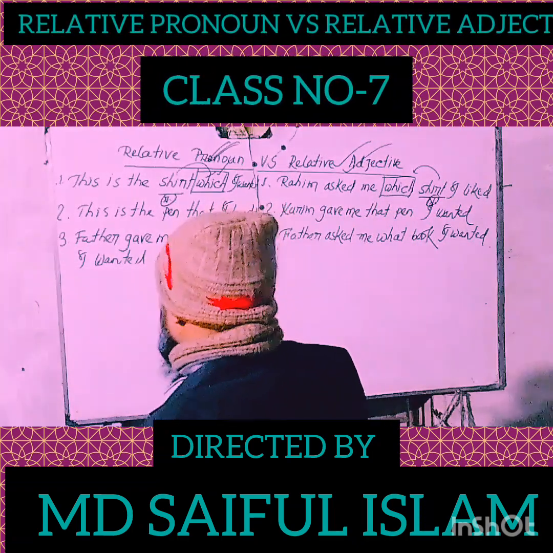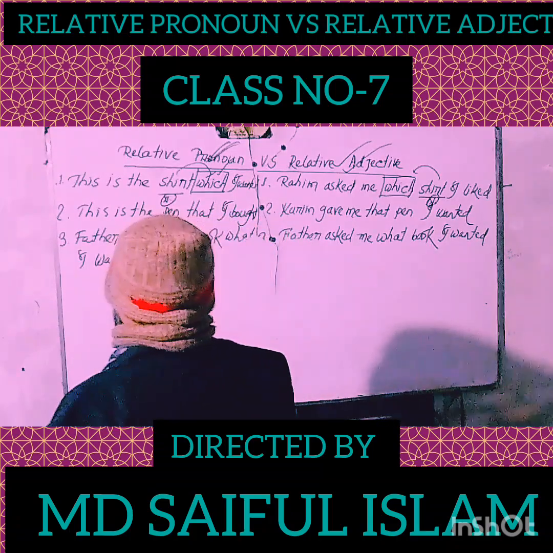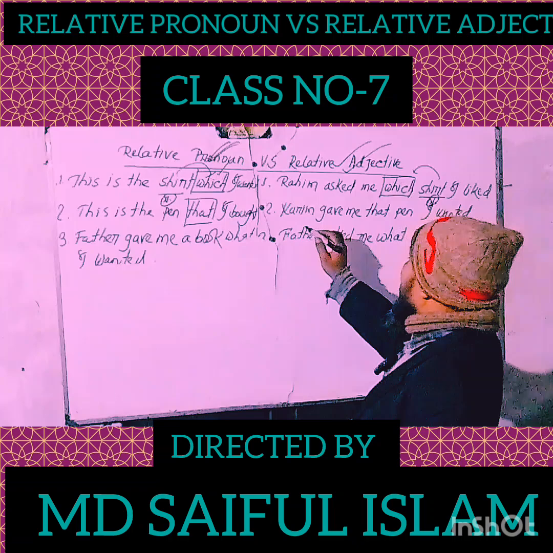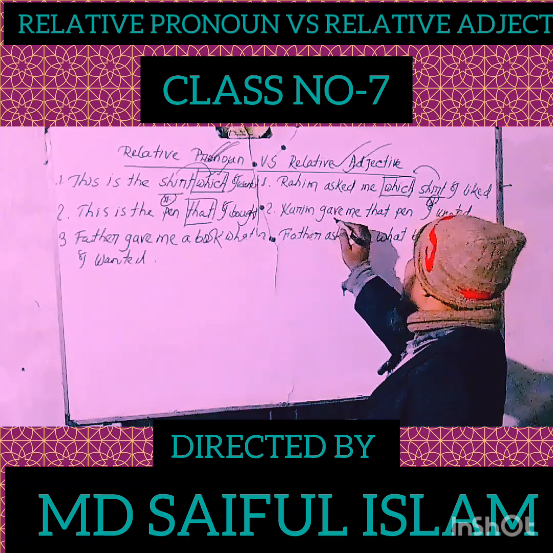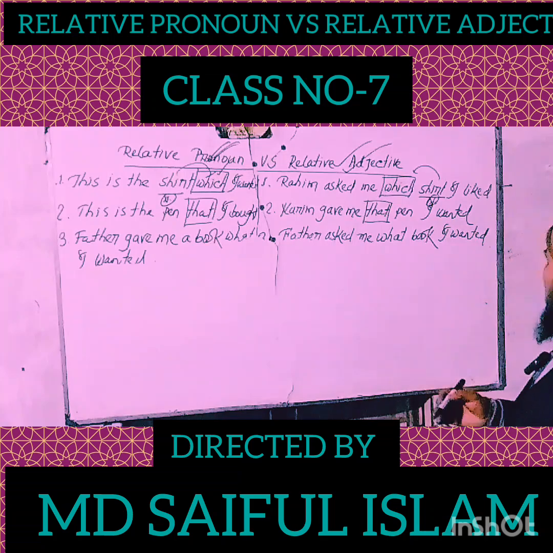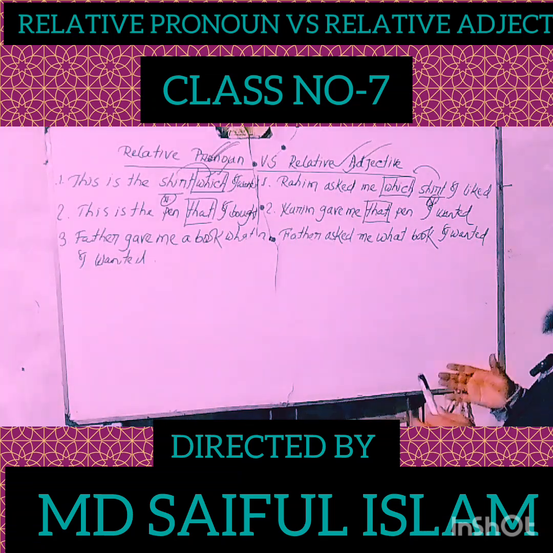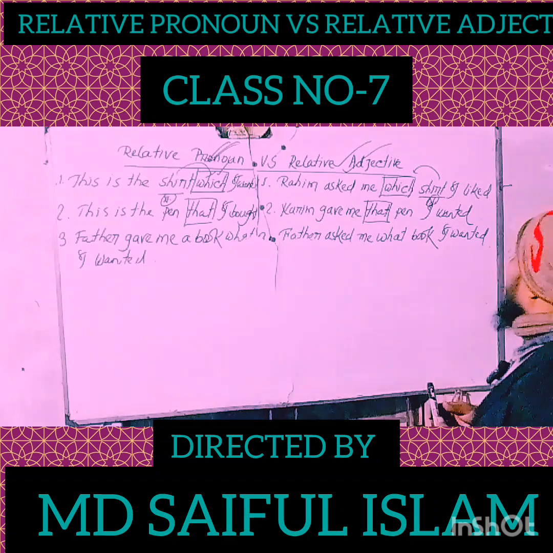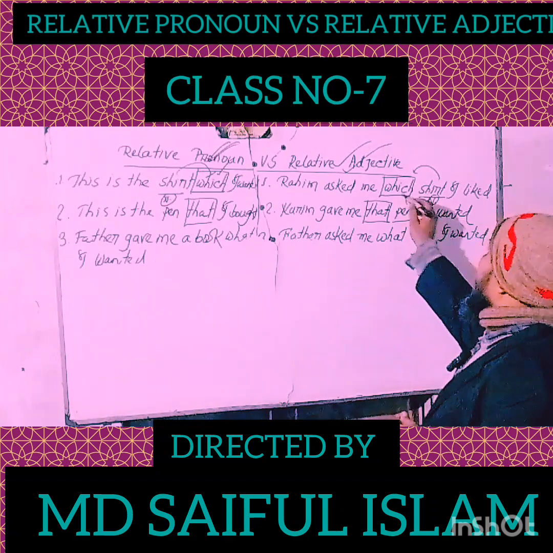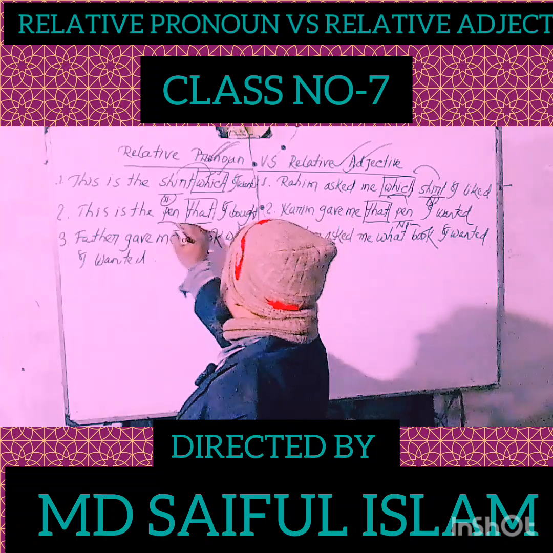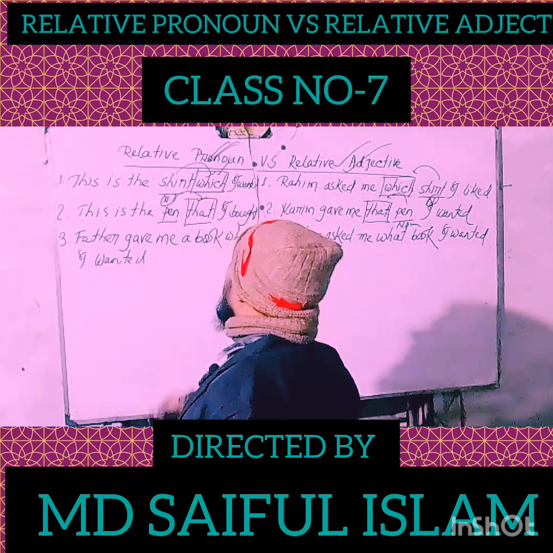Next example: This is the pen that I bought. On the contrary: Korim gave me that fan I wanted. Try to notice that in this sentence, that is used before a noun, but in the other sentence, that is used after a previously mentioned noun.